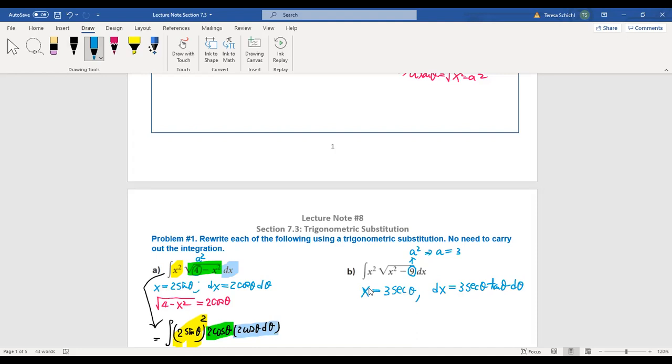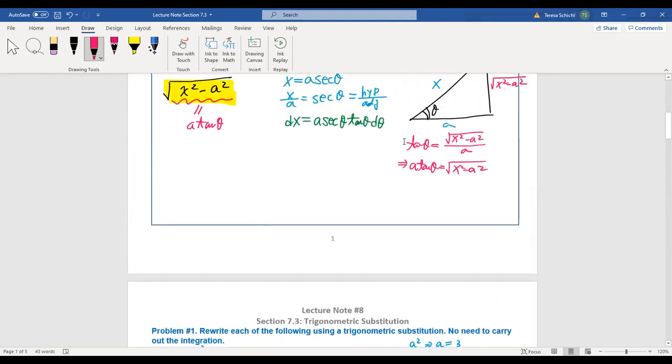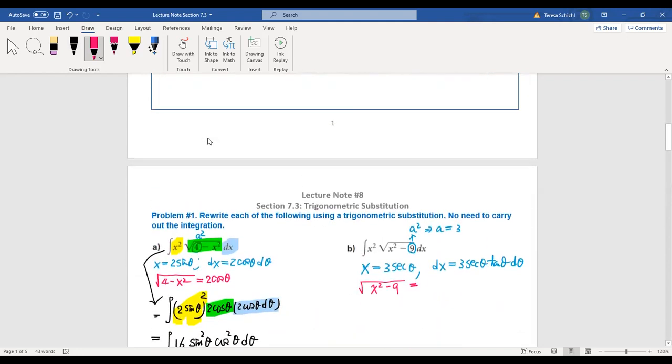Okay, so now from the previous triangle we know that the square root of x squared minus 9 is equal to a tangent theta. So a is 3, so this is 3 tangent theta, right? So by the triangles, now I have everything I need here.